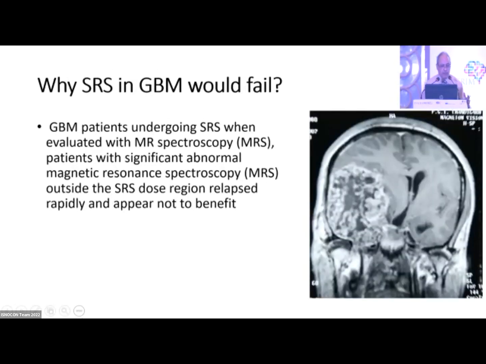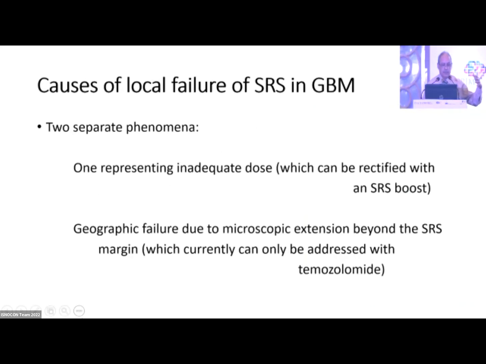So they would fail when the SRS has not really done good coverage, and after SRS, the people found on the imaging, the MR spectroscopy, the MR perfusion, that the adequate margin has not been covered. And normally we cover 2 centimeters, but then sometimes it can be beyond that also. So the two phenomena where we fail, one is inadequate dose, and secondly, the geographical failure.